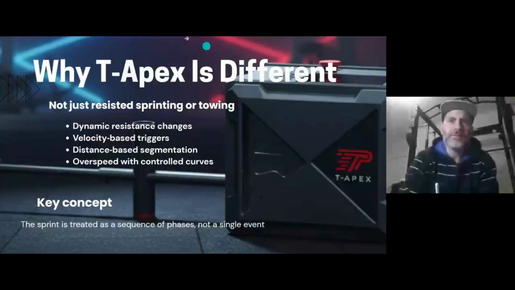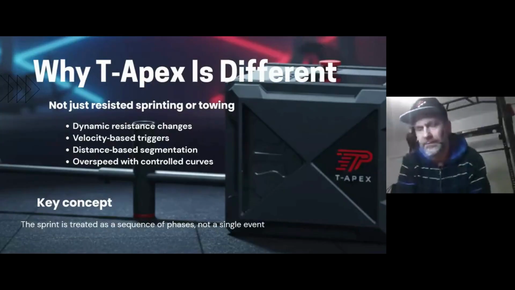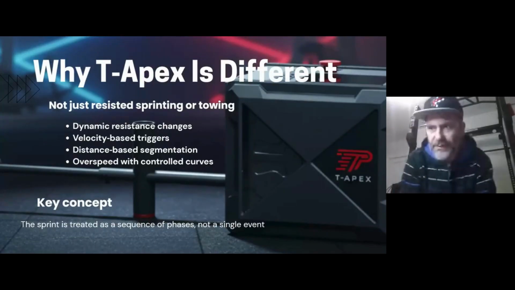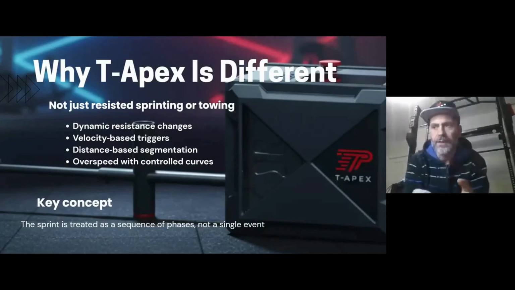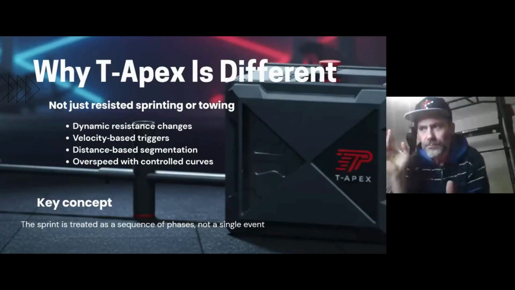Why is the T-Apex technology different? The T-Apex is not just a resisted sprinting or towing device. It stands out because it treats the sprint as a sequence of phases, rather than a single event.